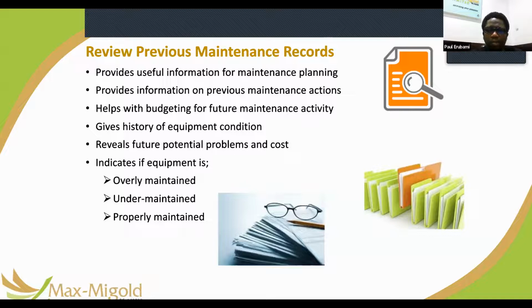So how do you benchmark the cost of good quality maintenance against the poor maintenance that has been happening in the past and still be able to save costs? That's a dilemma that FM companies have to deal with today.